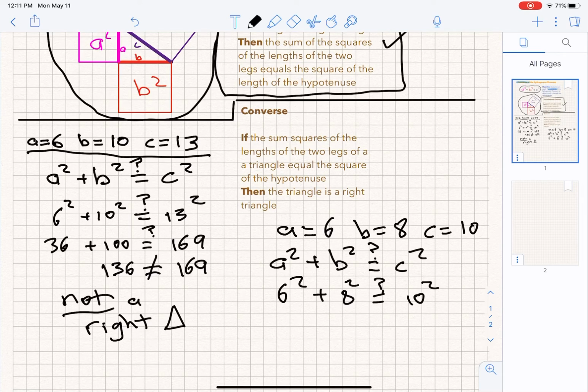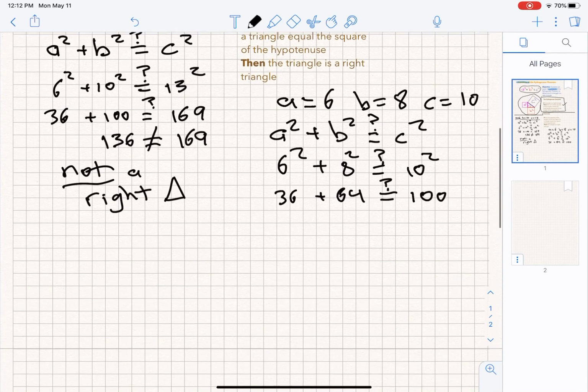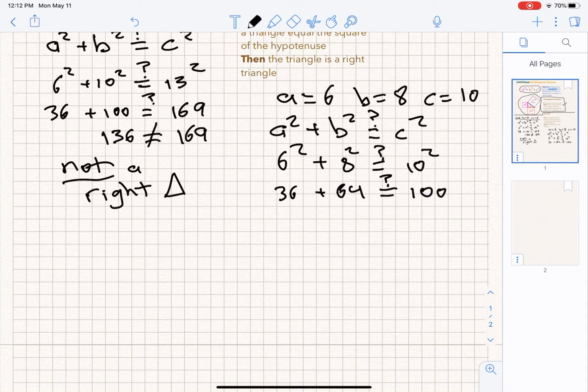And now I can say 6 times 6 is 36, and 8 times 8 is 64. And the question at hand becomes, does 36 plus 64 equal 100? Well, gee, let's do some mental math here. 30 plus 60 is 90, and 6 plus 4 is 10, and 90 plus 10 is 100.